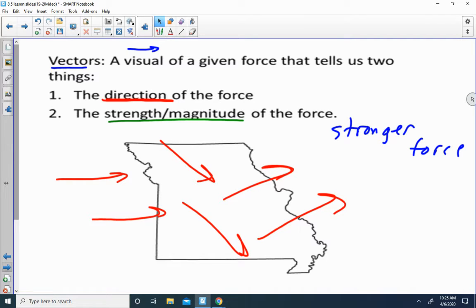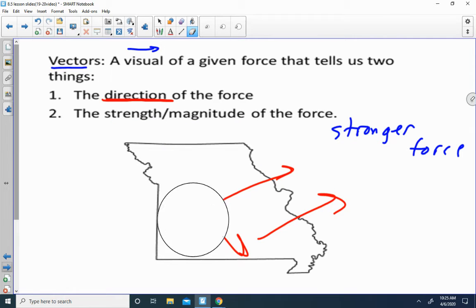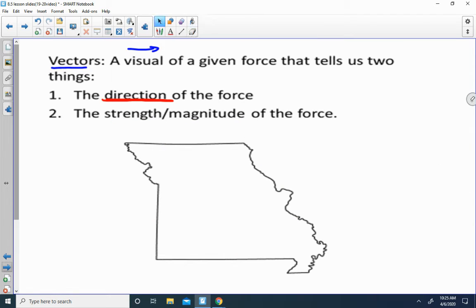So that's what vectors do. They point in a very specific direction, and depending on how large your vector is, that'll tell you how strong the force is. The smaller the arrow, the weaker the force. The bigger the arrow, the stronger the force. And that particular word, determining how strong or weak our force is, is called magnitude. That's something we will come to later in this video. So now you've got an idea of what vectors do.